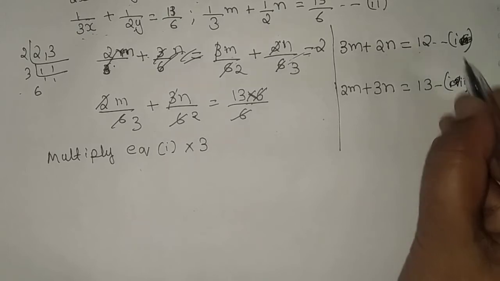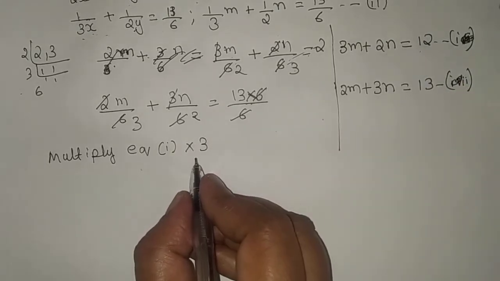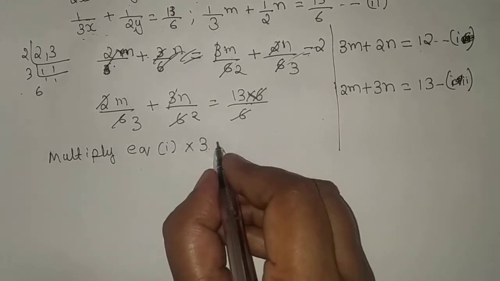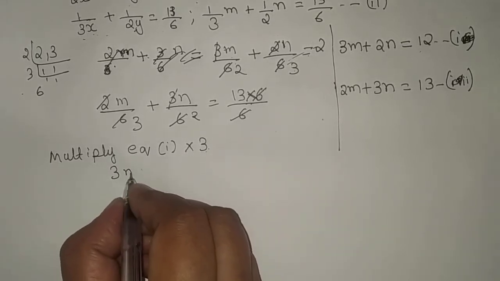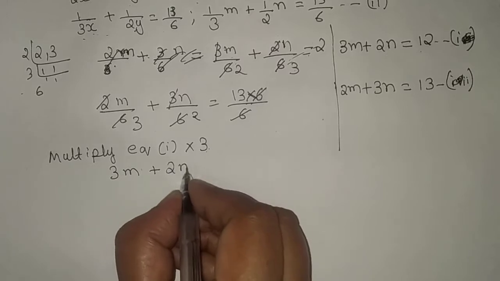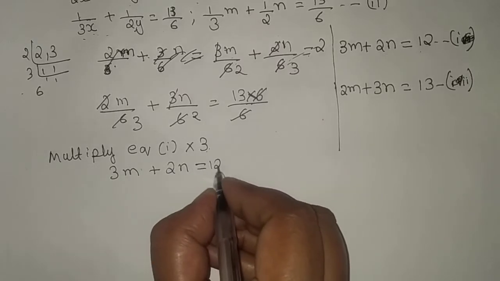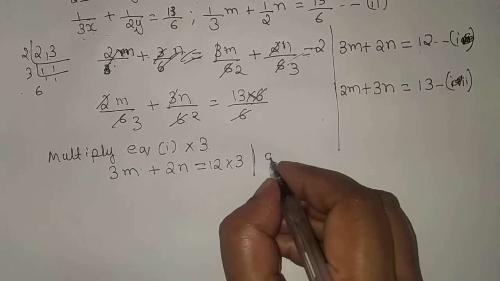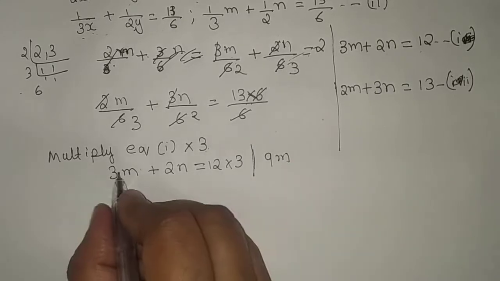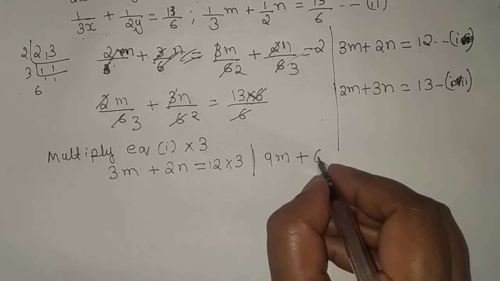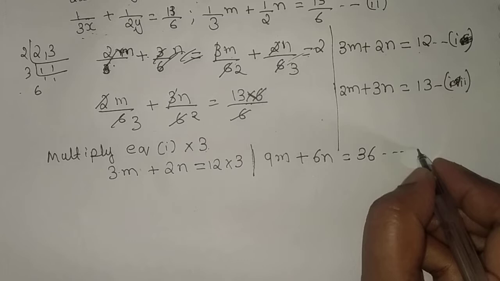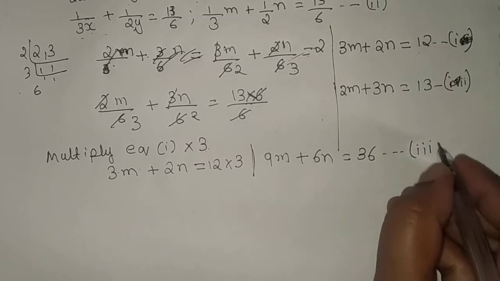We'll name them equation 1 and 2. Next we multiply equation 1 by 3. So 3m plus 2n is equal to 12, times 3. How much do we get? 9m plus 6n is equal to 12 into 3, which is 36. We'll give this as equation 3.